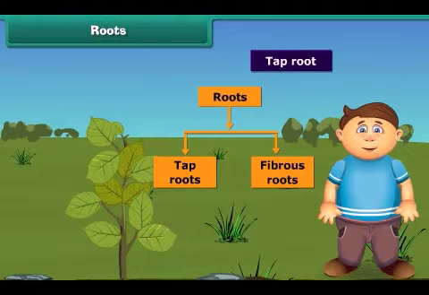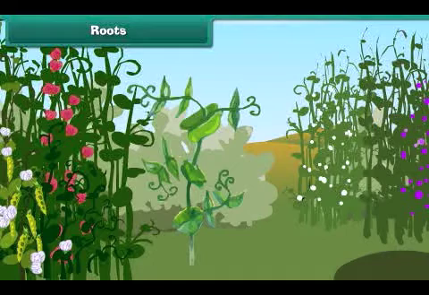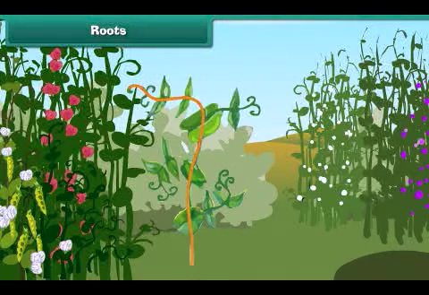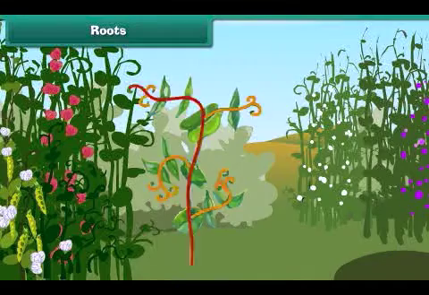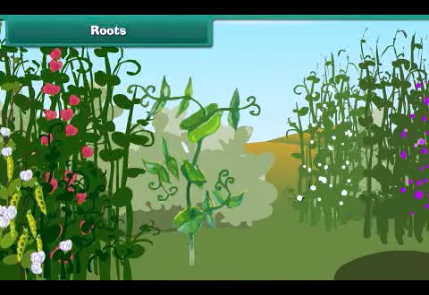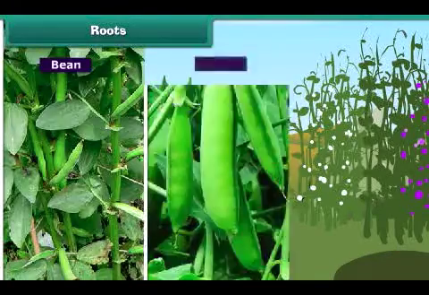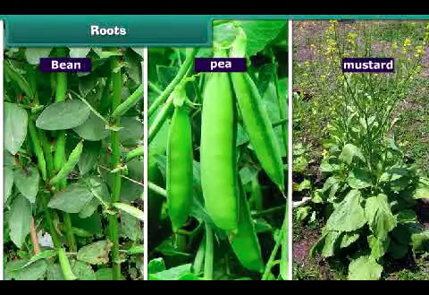But what are they? In a tap root, there is a main thick root that grows deeper in the soil. Several weak and thinner roots grow out from this main root. Tap roots are generally found in bean, pea and mustard plants.